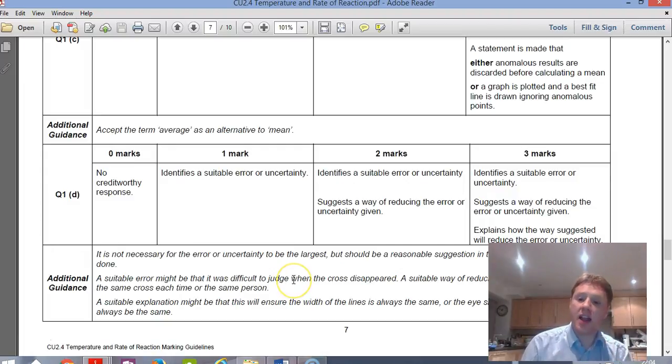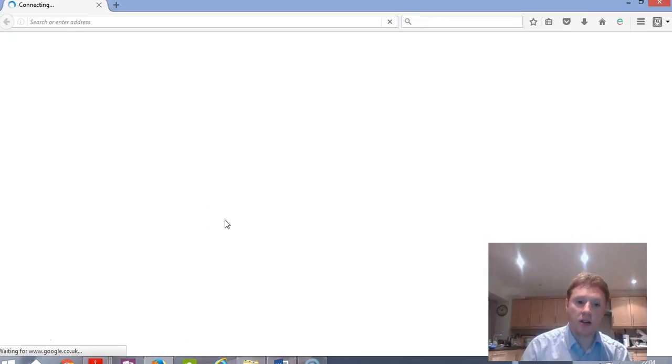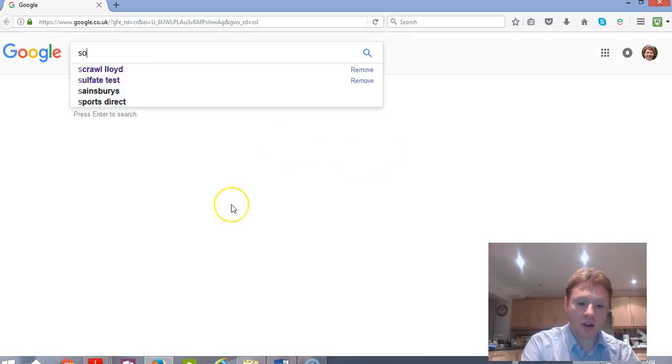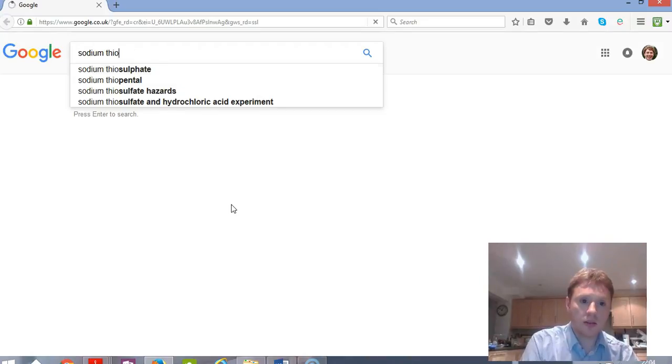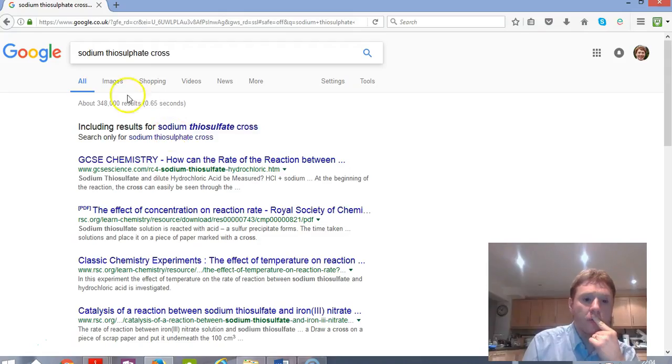If you do the reaction by adding the liquids together whilst the conical flask is on a cross, then you will see the cross disappear because the sulfur will get in the way. I'm just loading up so you can have a nice little look at what the picture is.